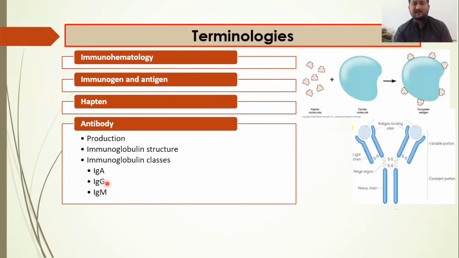It is a Y-shaped monomer. There are 4 subclasses of IgG: IgG1, IgG2, IgG3, and IgG4, based on the sequence of amino acids in the heavy chain. So subclasses of IgG actually are based on the sequence of amino acids that are present in the heavy chains.